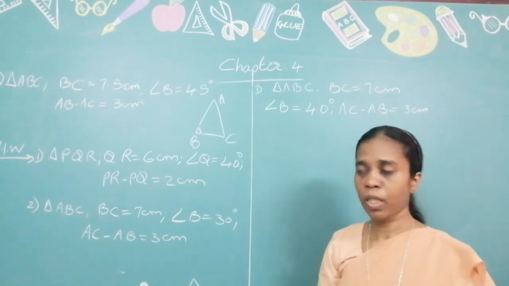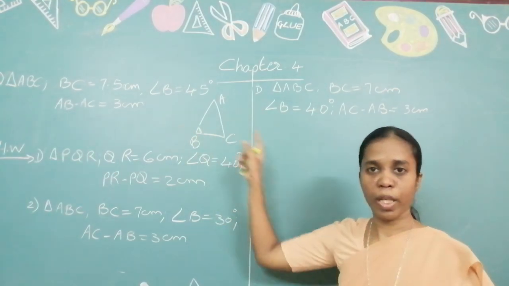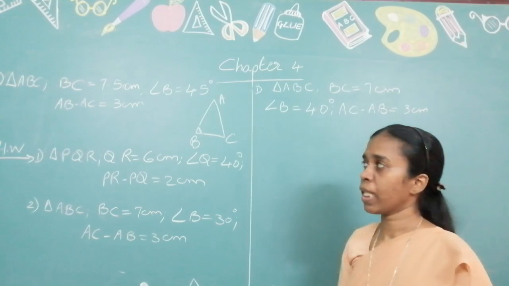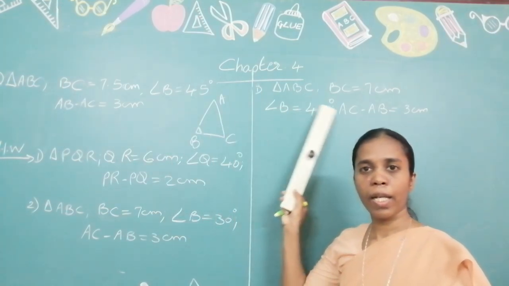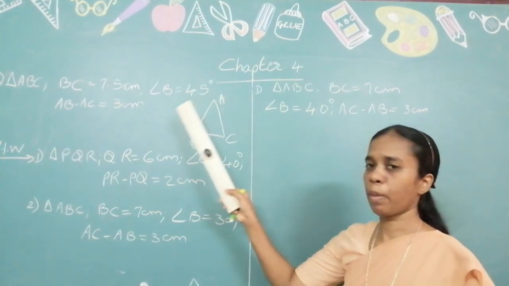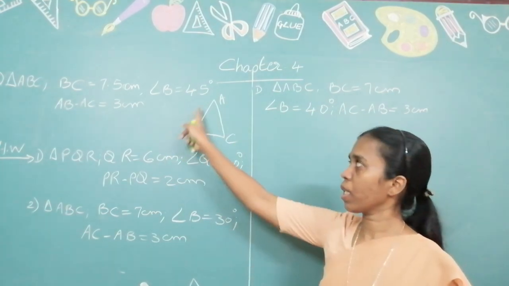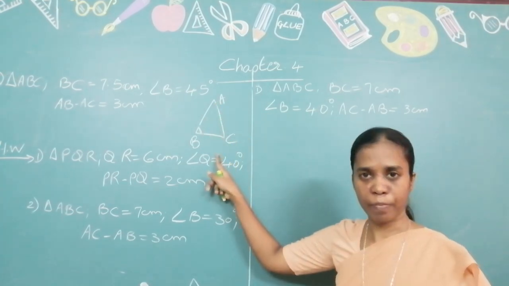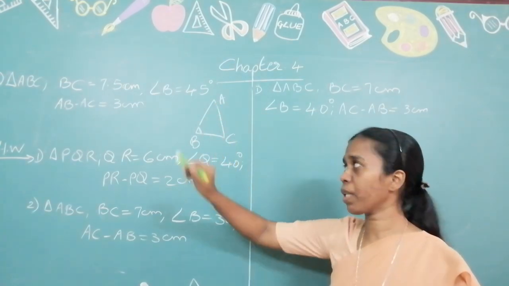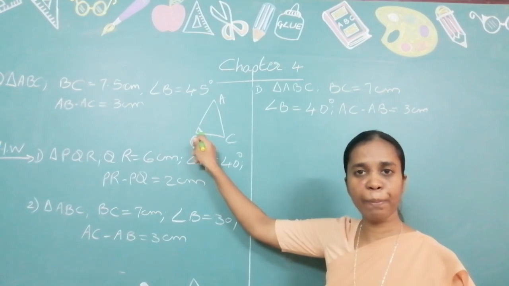I repeat, in these questions if you look at it, the difference is, in this case you are given this side minus this, and in this case you are given this minus this. That is, here AB is bigger, here AC is bigger. But which is the base angle given? In both the cases base angle is B.